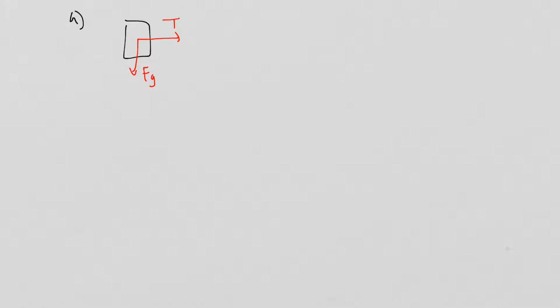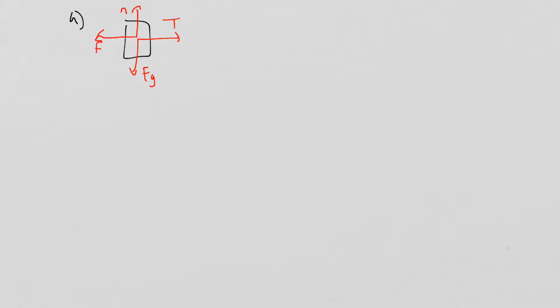And since it's not falling through the table, we know there's also a normal force up, right? Normal force. And then finally, there's friction, right? If we didn't have friction, this block would be sliding to the right. So that means that friction has to point backward to the left.